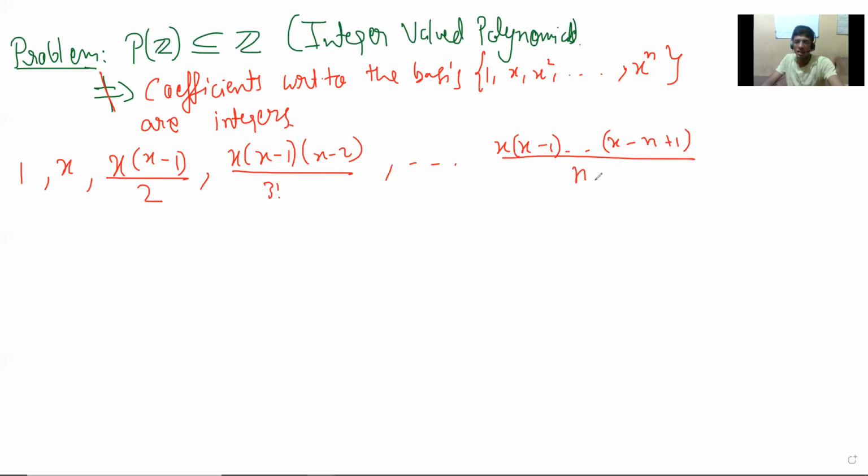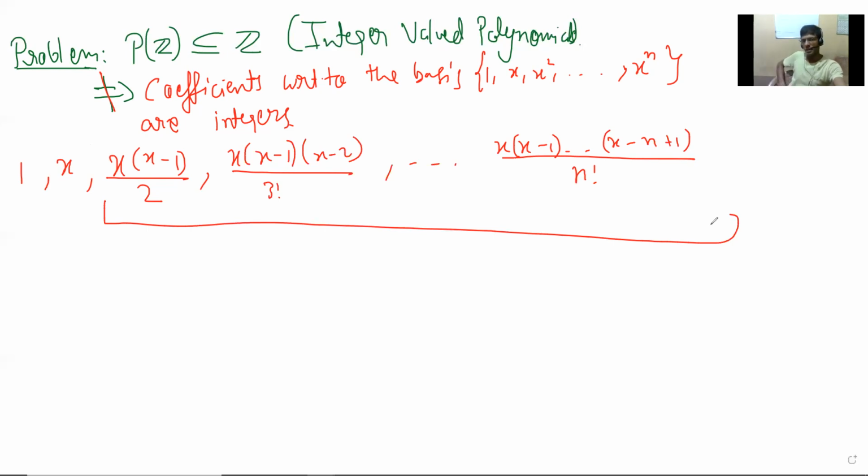But these last n minus 2 are your examples. So these are the polynomials. When you expand them, I'm not asking you to expand them, I'm very bad at expanding, but you can see that the coefficients are not integers.